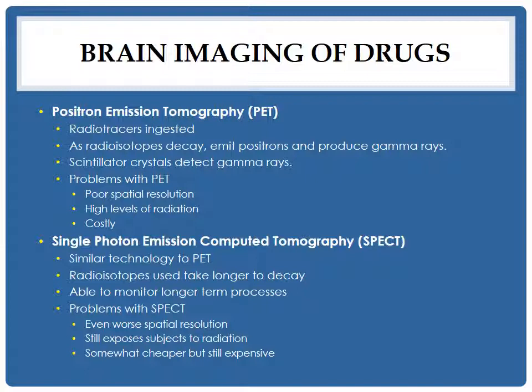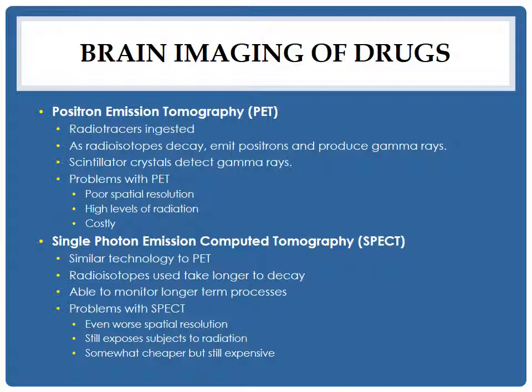A related technique is single photon emission computed tomography, or SPECT. It's a similar technology to PET, but the radioisotopes used take a lot longer to decay. Their half-lives are on the order of hours or days. That makes it somewhat cheaper, because the radioisotopes can be created and then used the next day.